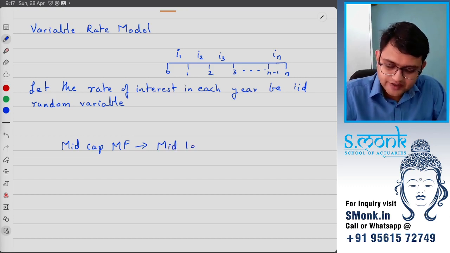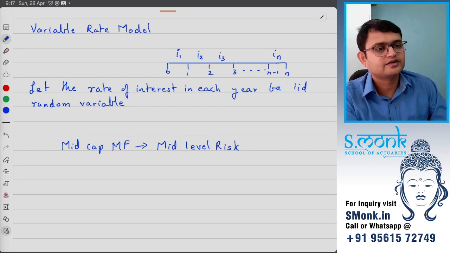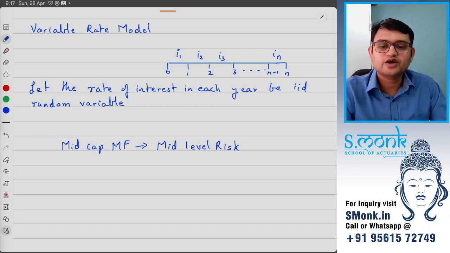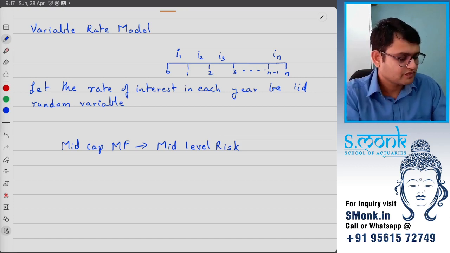So mid level risk. We'll talk about how do we calculate risk, and that's part of our course, so don't worry too much about it. Right now we'll say it's a mid level risk.